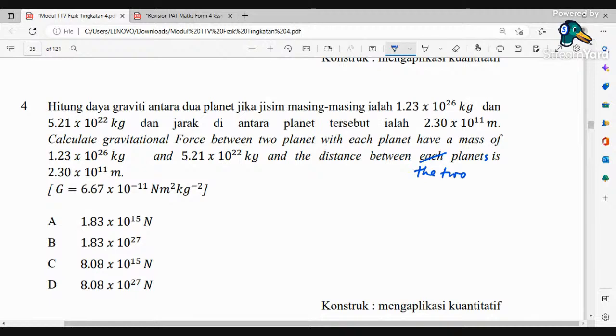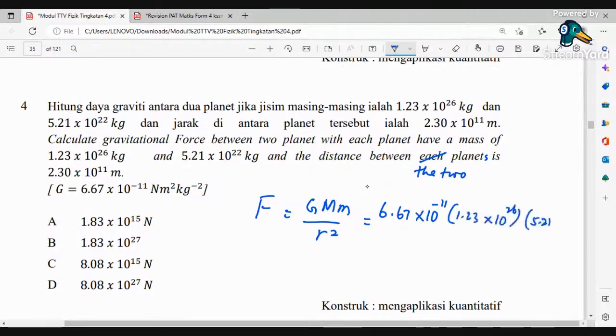So what formula should we use? F equals Gm1m2 over r squared. You just substitute 6.67 times 10 to the power -11, mass 1.23 times 10 to the power 26, 5.21 times 10 to the power 22, divided by 2.30 times 10 to the power 11 squared.